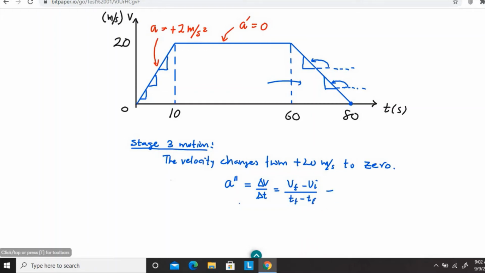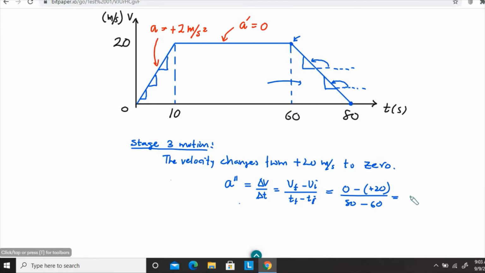So the v final for this part is 0, right? Because it comes to a complete stop at the 80-second mark. So it's 0 minus v initial for this third part, which is this value over here, the 20 meters per second in the right-hand direction. So plus 20 over the t final value, 80, minus the t initial value, which would be 60.